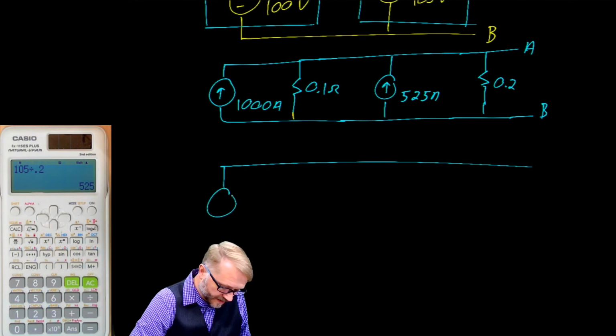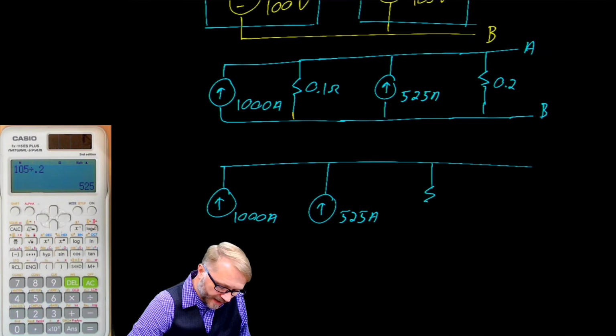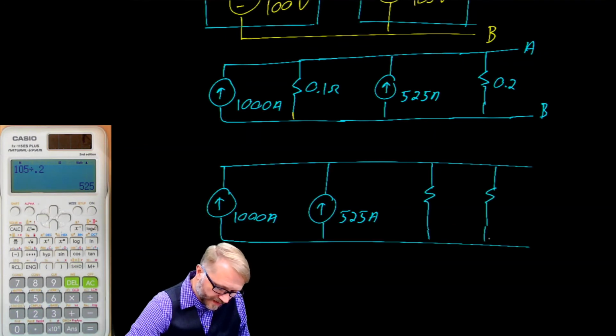We have the 1,000 amp current source. We have the 525 amp source, and then we have the two resistors. Again, everything in parallel.